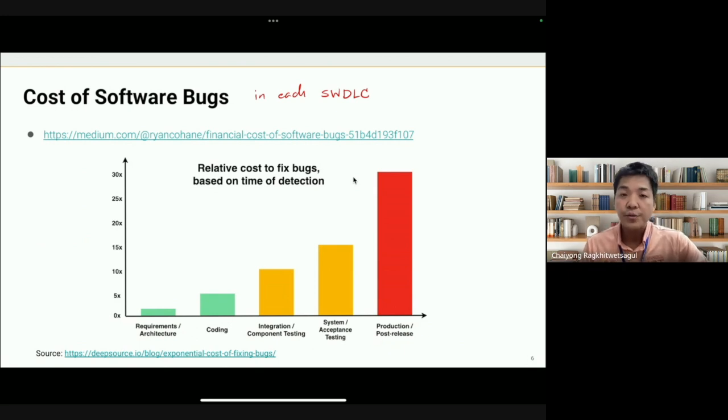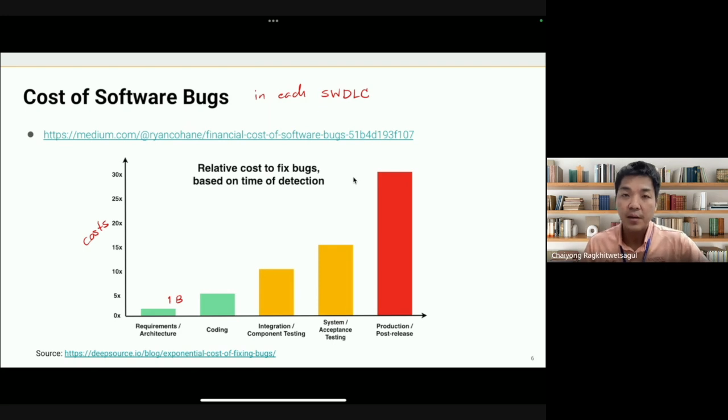This chart shows how much cost is created when you find a bug and fix it in each particular phase. These are relative costs. Let's say we don't put it in a specific currency, but we're going to use Thai baht here just as an example.